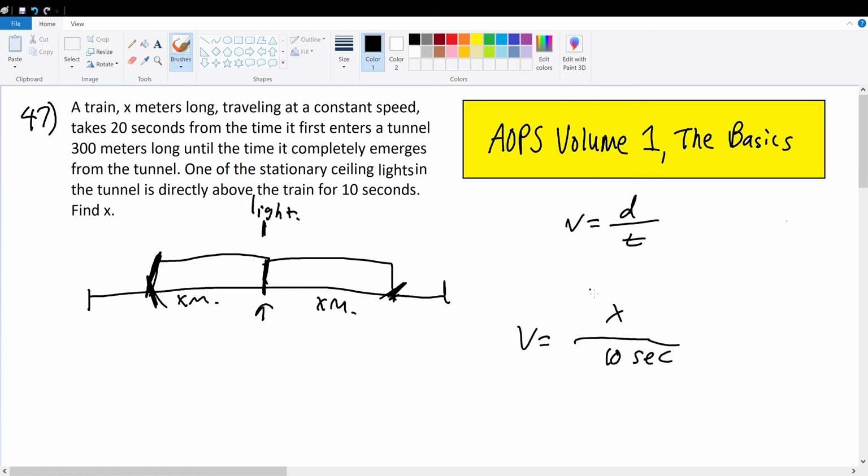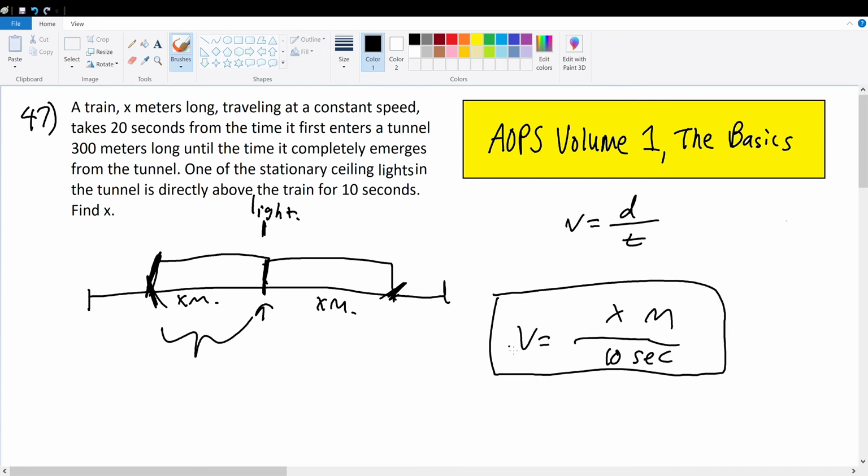It takes the train's length in 10 seconds to travel that period of distance underneath the light. So our first velocity is given by x meters, the train's length, divided by the 10 seconds for which it was underneath the light. That is sufficient details for the velocity of the train since the speed is constant.